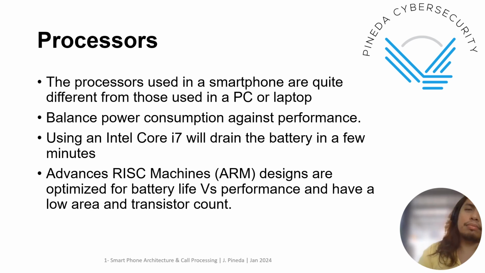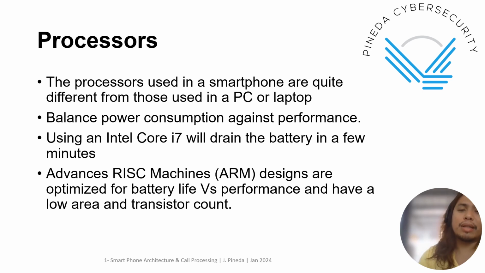Of course, usually for desktop computers and laptops, you have very big batteries with you, or it's already plugged in most of the time, no? And that will support the performance of your processor. Like if it's an i7 and you put that in your mobile phone, of course it will drain the battery in a few minutes.